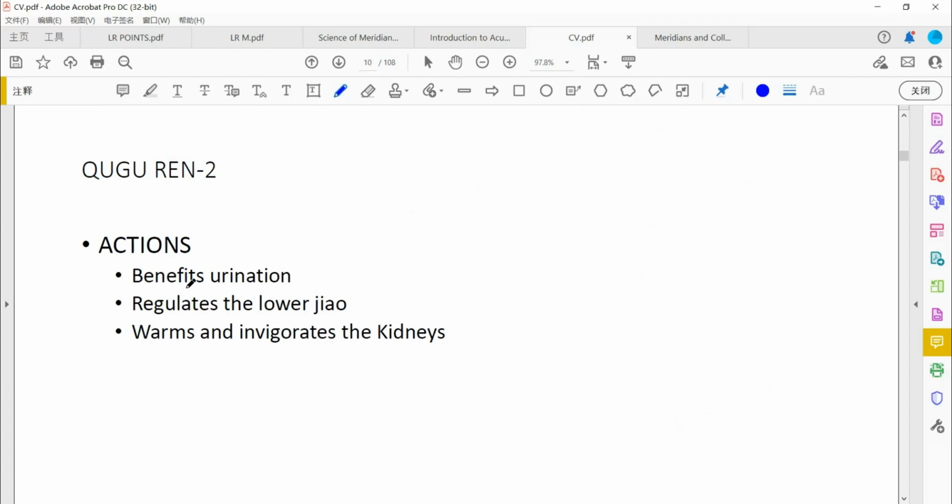So lower jiao, right? Lower jiao. So good for the urination, regulate the lower jiao, warm and invigorate the kidney.